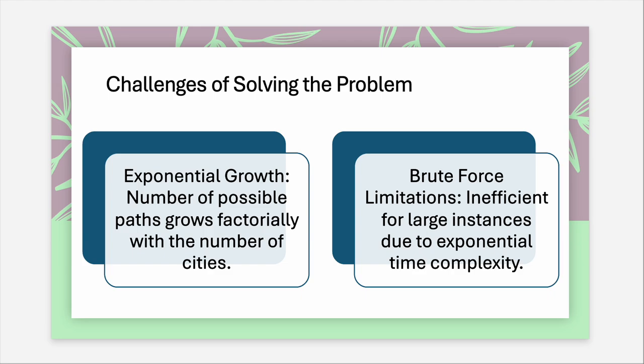For larger instances, a brute force solution would require an enormous amount of computational time, making it unsuitable for real-world applications. This challenge drives the need for more efficient methods like genetic algorithms, which use a guided search to quickly hone in on an optimal or near-optimal solution.